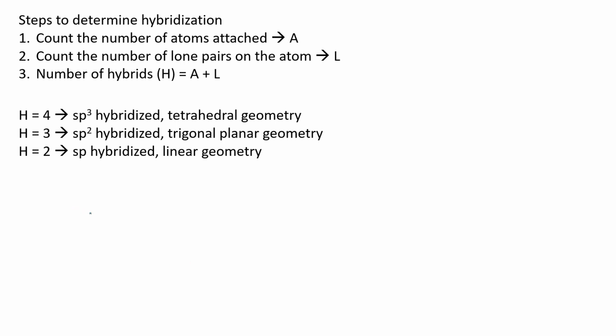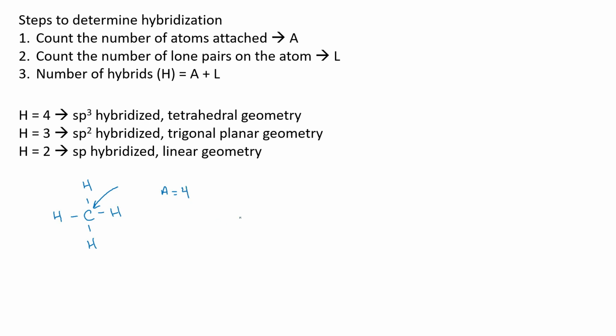Let's look at methane. Methane is 1 carbon with 4 hydrogens. Let's determine the hybridization on that carbon atom. All right, step 1, we need to count the number of atoms attached to that carbon. There are 4 hydrogens, so A equals 4.